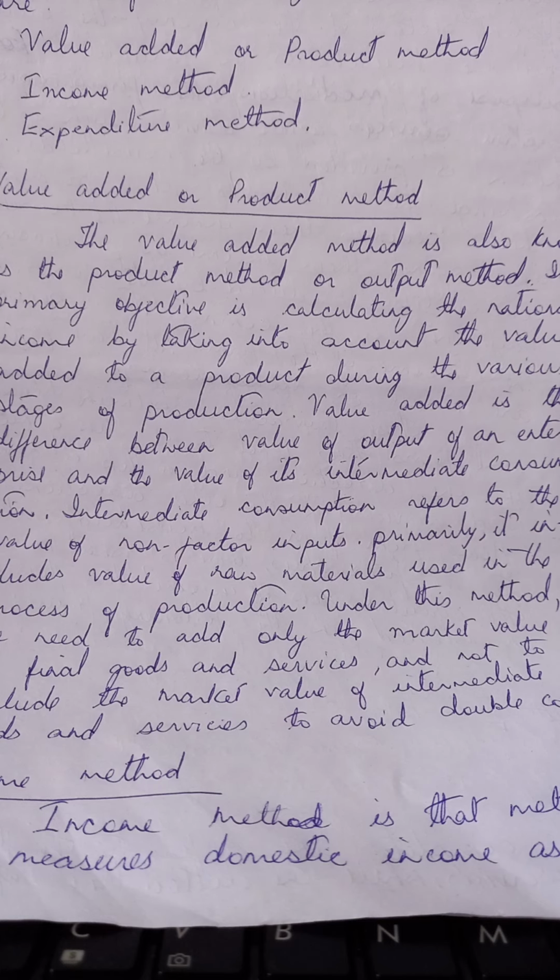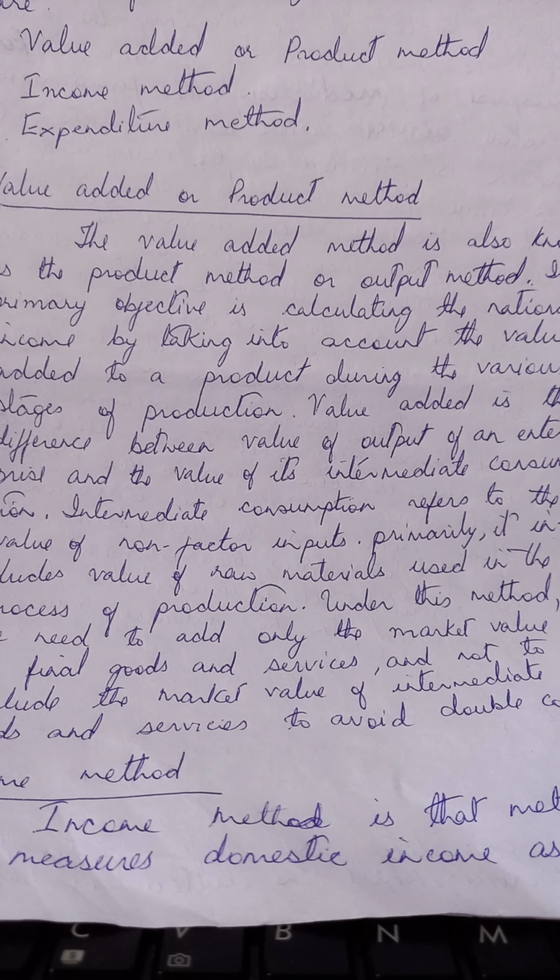Or in other words, how can we make use of the value added method in order to calculate the national income? We take into consideration the value added to the product during the various stages of production.